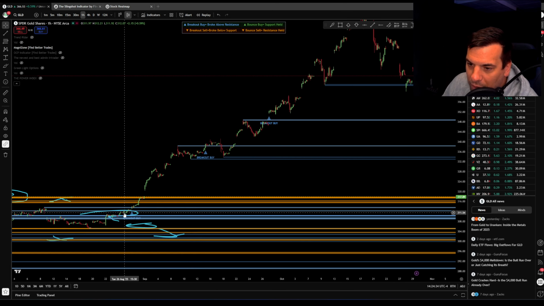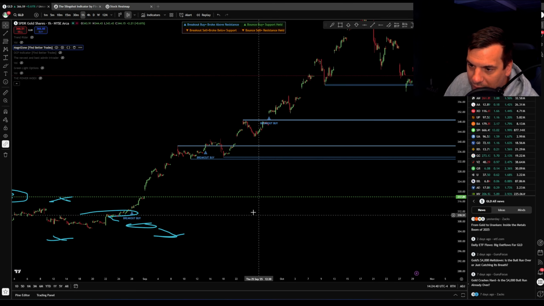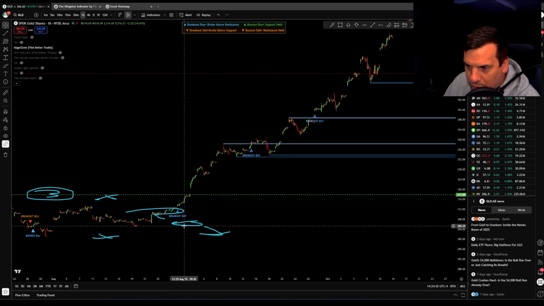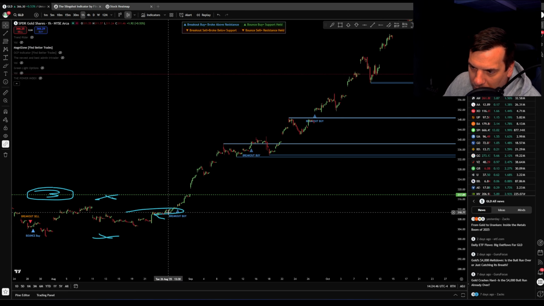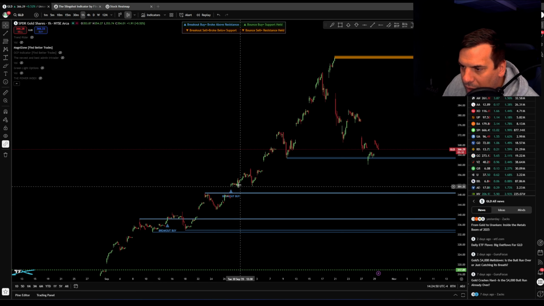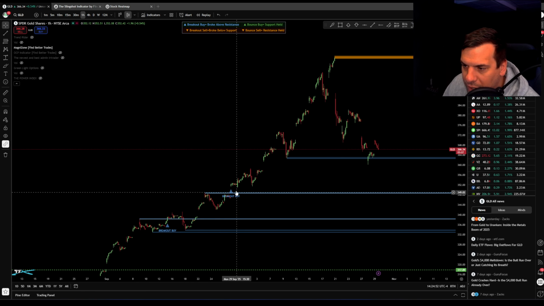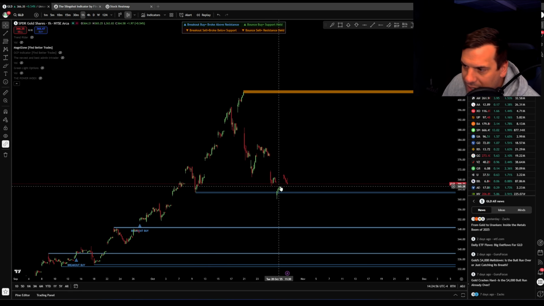I do want to show you guys this as well, because this was also really cool. If you are using it on the hourly, which I do like to use it on, you get a lot of breakouts. So there was a breakout, there was a breakout, these are all buy trades, and then no real trades in here.